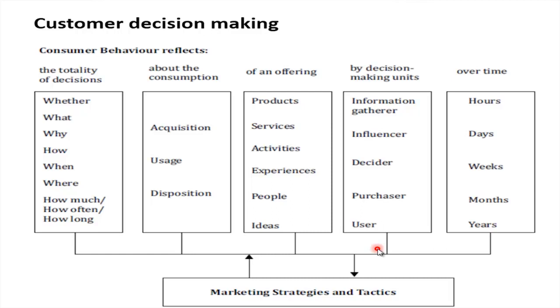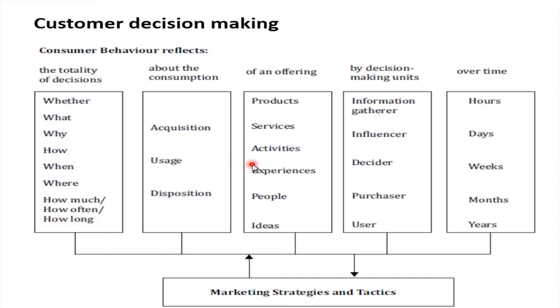So customer behavior reflects in many different ways. The totality of decisions: what should we buy, why should I buy, how, when, where, how much should I buy, how often, how long, those are some of the decisions.